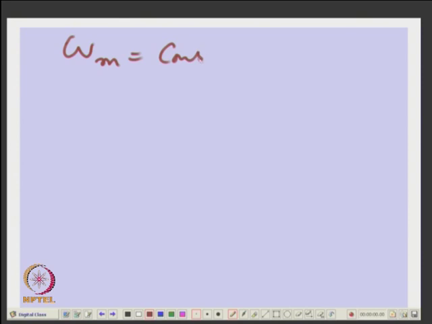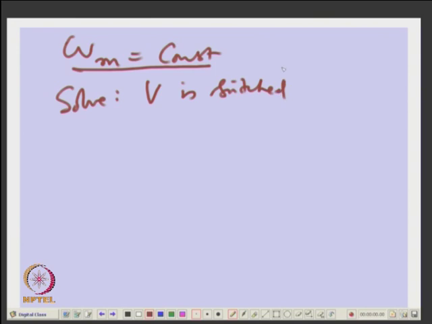So, typically if you solve any equation, suppose omega m may be constant, then you have to solve for when V is switched, one equation, when you apply V. Then V is off, the freewheeling, this is another equation, right.